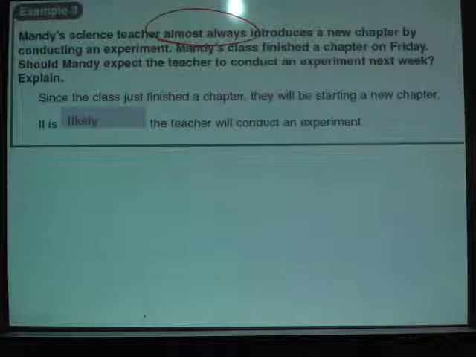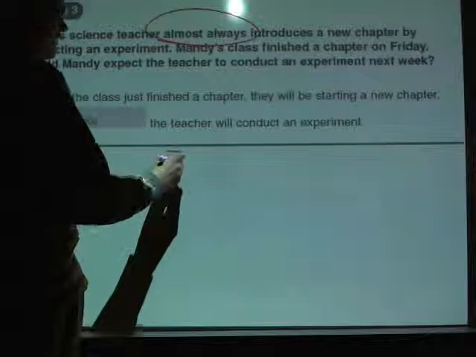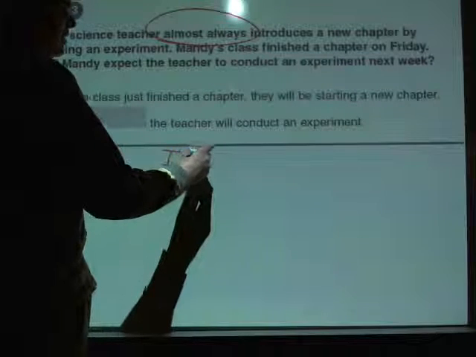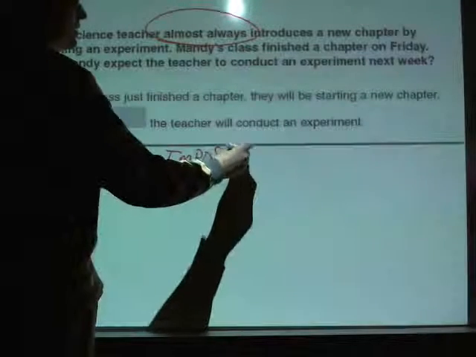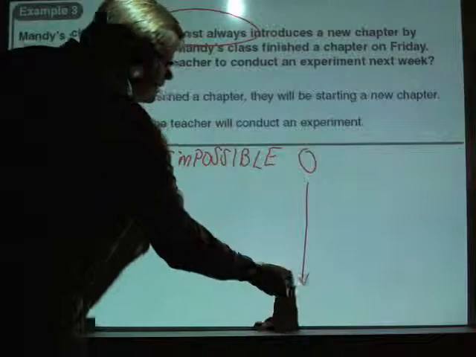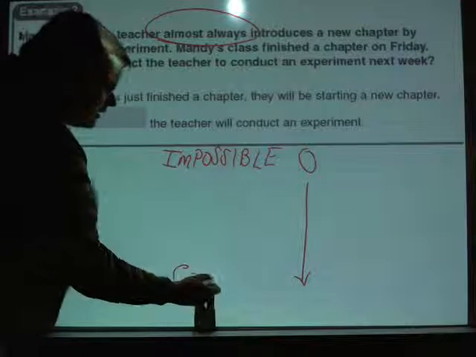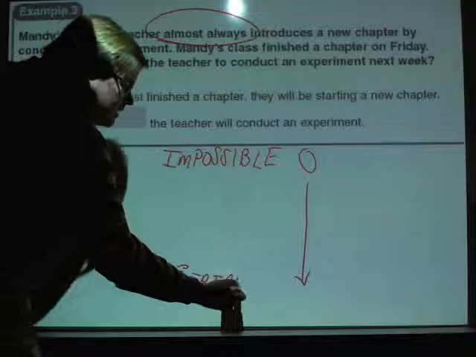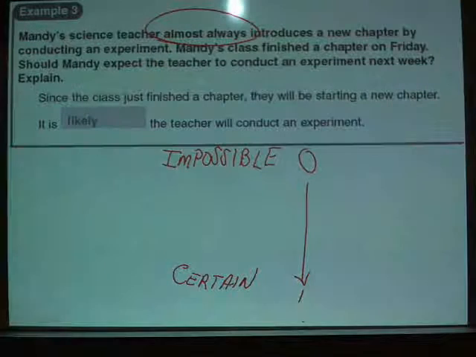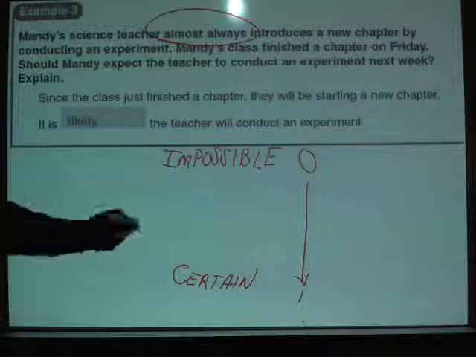So if we go back to that list of words that we had back there in the first example, we started off with impossible. Impossible meant there was a 0% chance of something happening. Certain equated to 1, indicating there was a 100% chance of something happening. And then we had all the options in between.